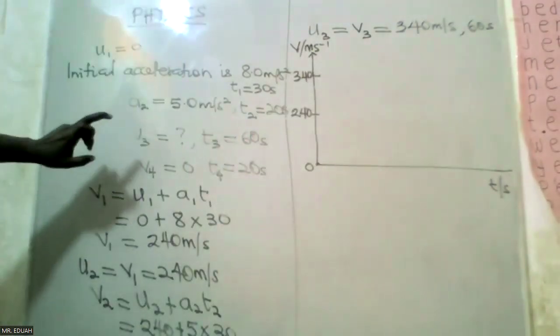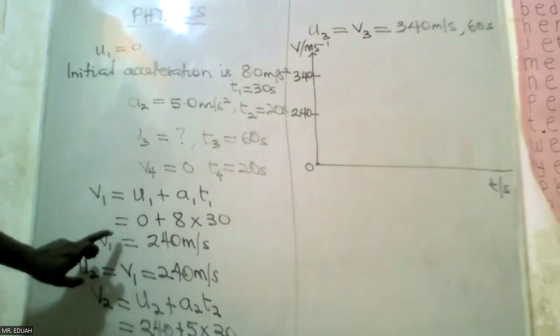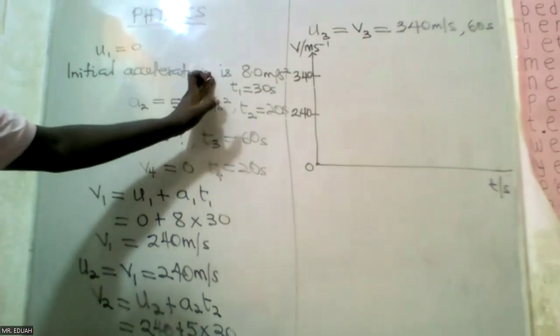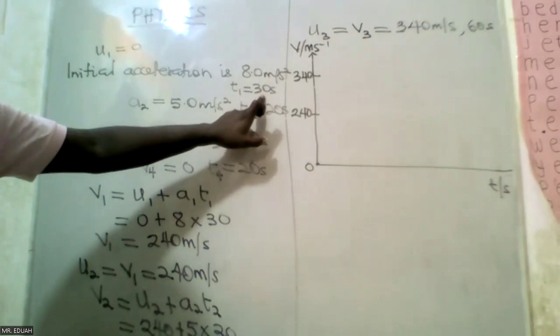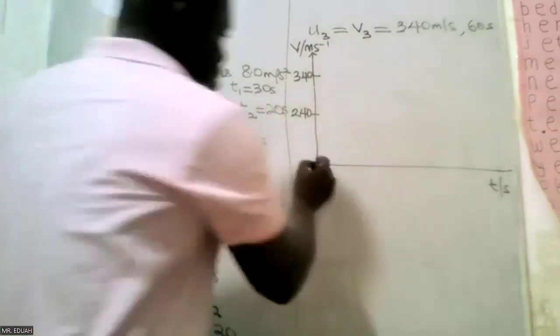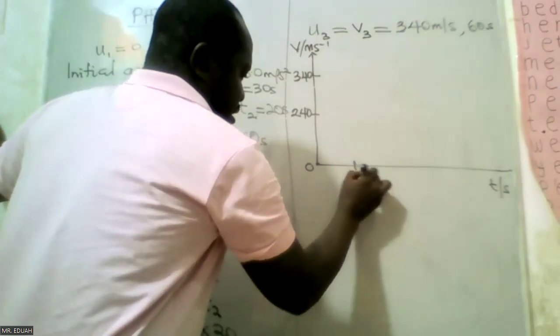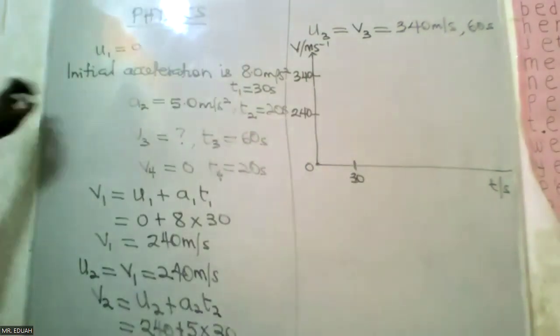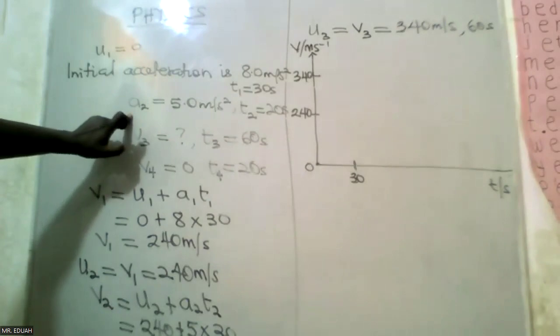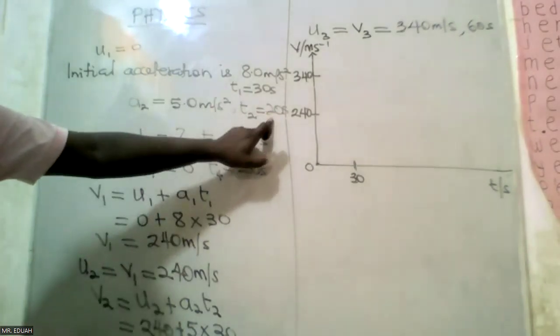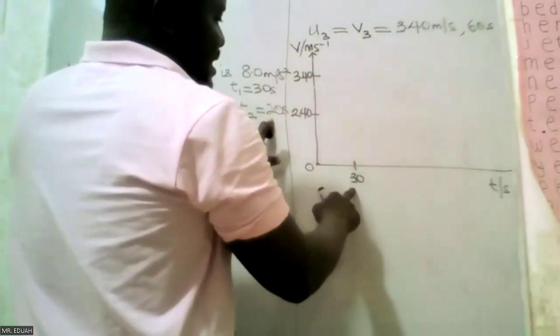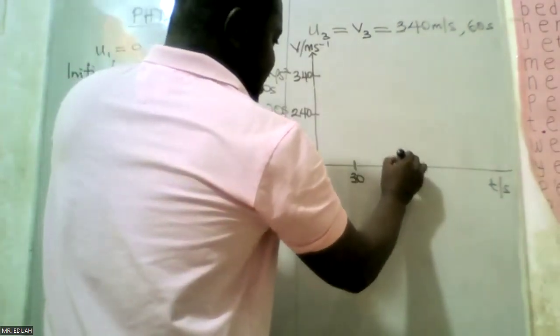Okay, then a time interval of, in the first part of the motion, we have a time interval of 30 seconds. So from 0 to 30. Then the second part of the motion, time interval of 20 seconds. So 30 plus 20, giving us 50.